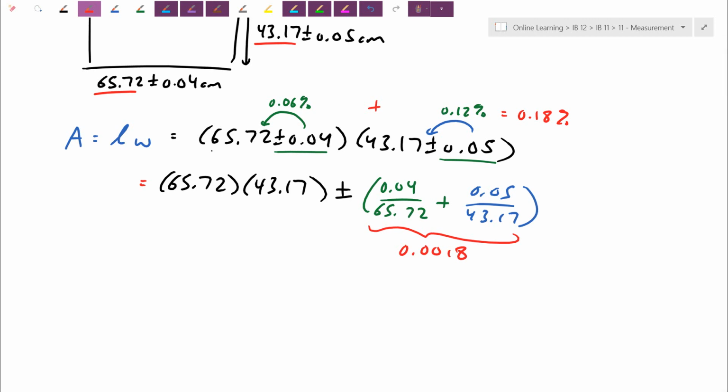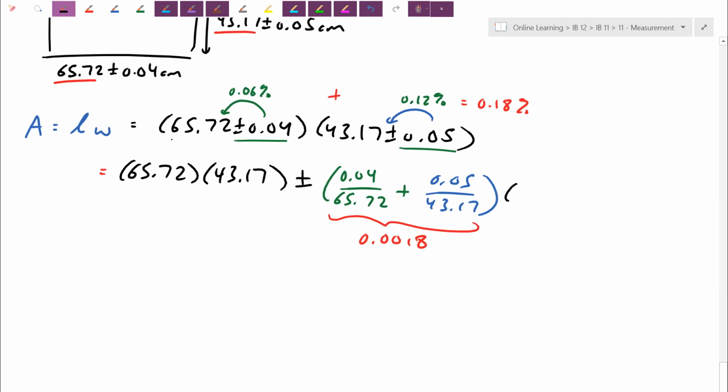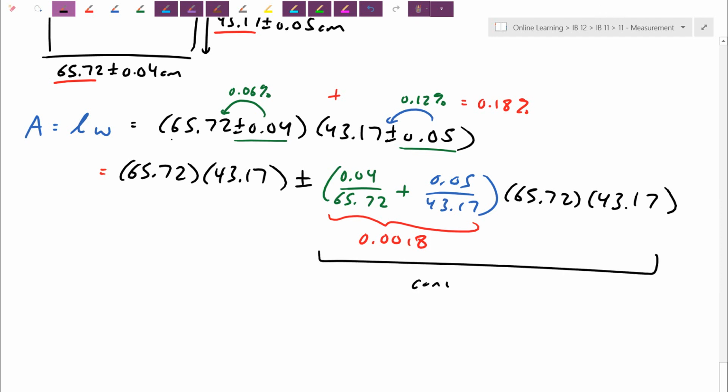Because it's a percentage, I want to take this percentage, now that the area has become a product, it's now become a bigger number. I'm going to just copy that out again. What is 0.18% on my product, which I haven't yet typed in yet? So I would usually just show my work like that. And this part here just helps us convert back to absolute error.